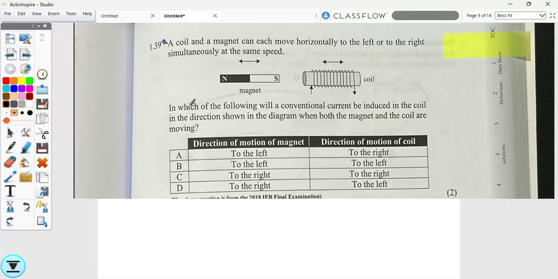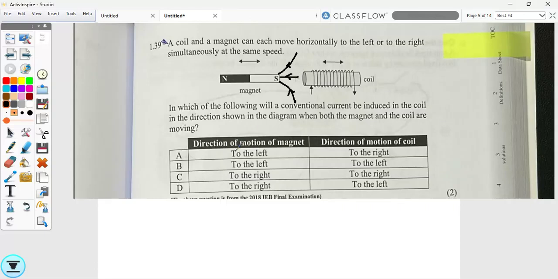There can be no change in flux because this magnetic field is stationary. So the field lines are always there. And the only way you can change the flux that this one is experiencing is if you're moving them relative to one another. If you're not moving them relative to one another, there's no change in flux.